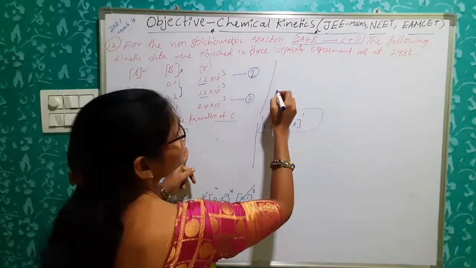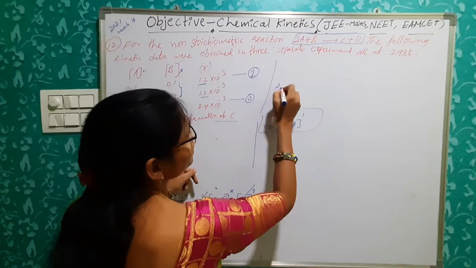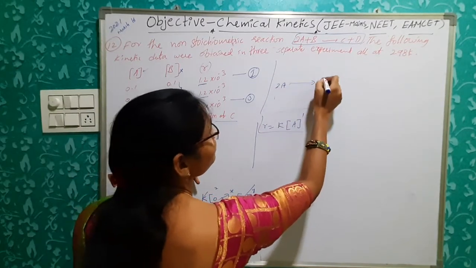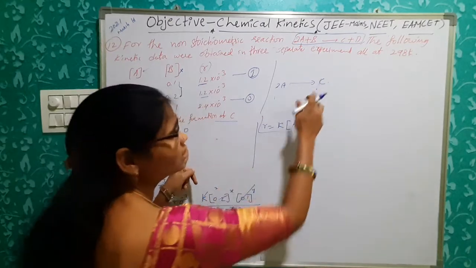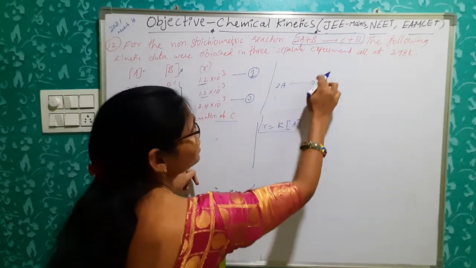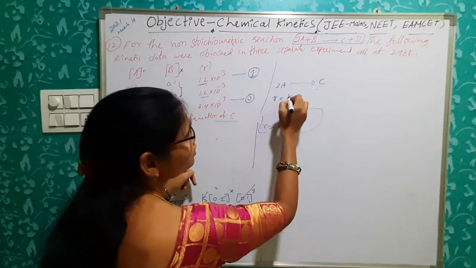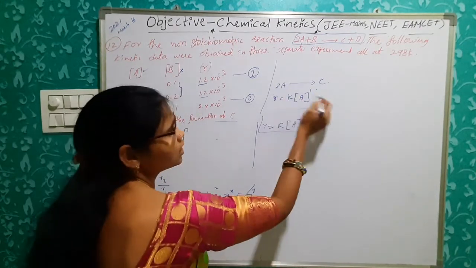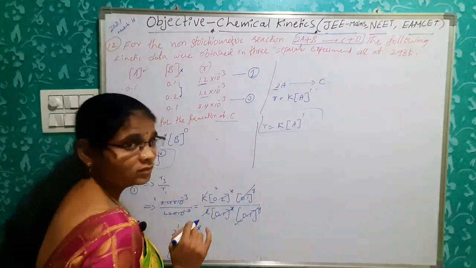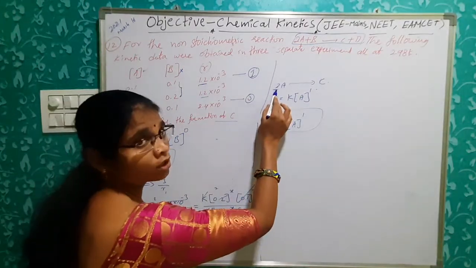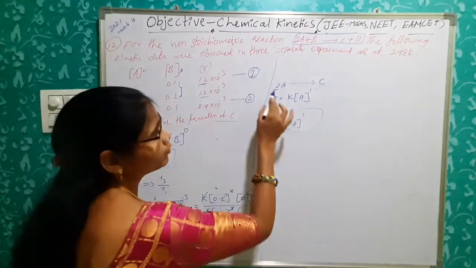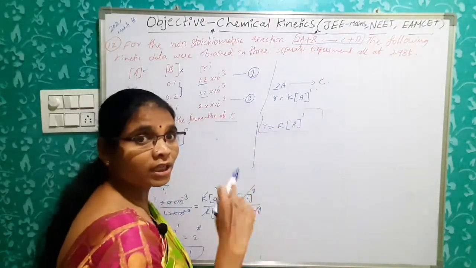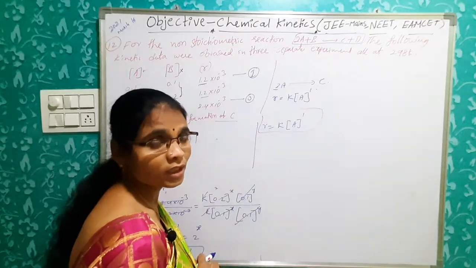Simply the reaction 2A gives rise to C. Okay. So ignore the D. So what is the rate law? R is equals to K into concentration of A power 1. So don't get confused between the stoichiometric coefficient and order. They may be equal or not equal. Molecularity and order may be both the same. Clear?